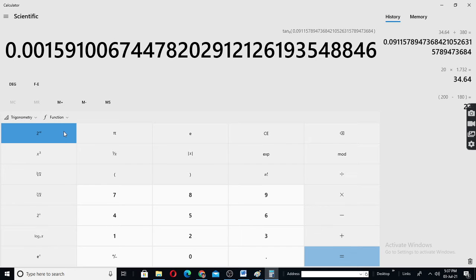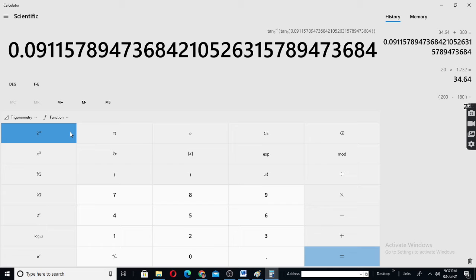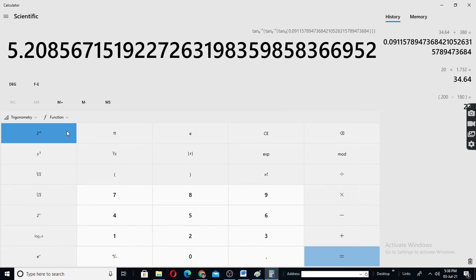We need tan inverse, so inverse tan. Tan inverse of this much is 5.2 degrees.